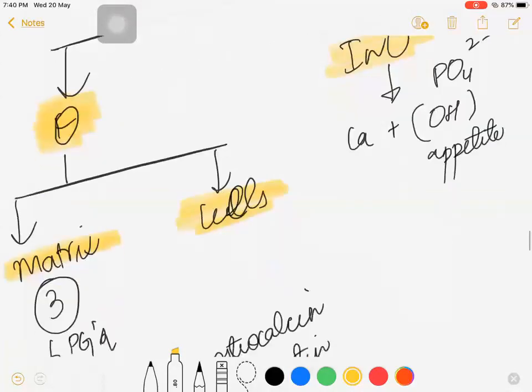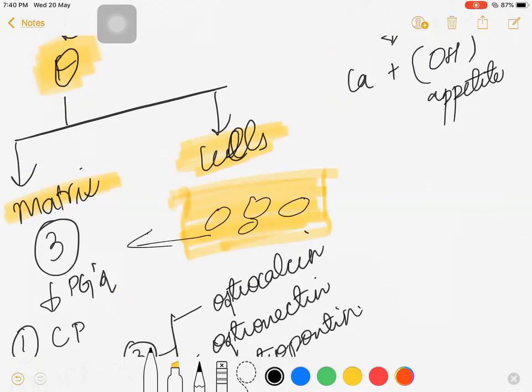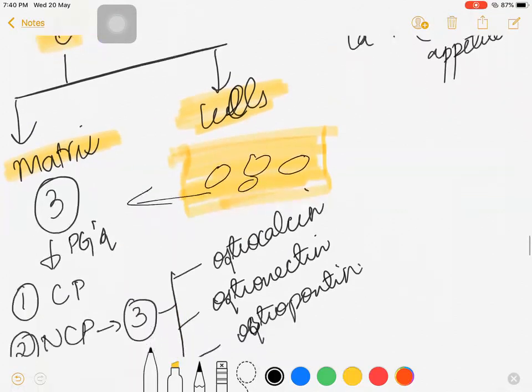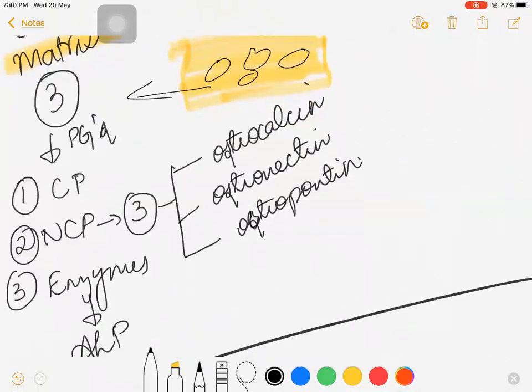Okay, so in the organic part, just think this is the bone cellular structure. So you have a lot of matrix and you're going to be having cells. So we'll learn about the matrix now, then later we'll go to the cells. So in the matrix, you have to know two main components. First one will be the proteoglycans and second one will be the proteins.